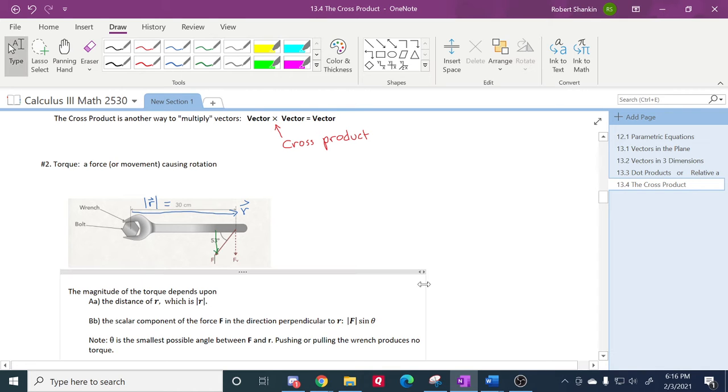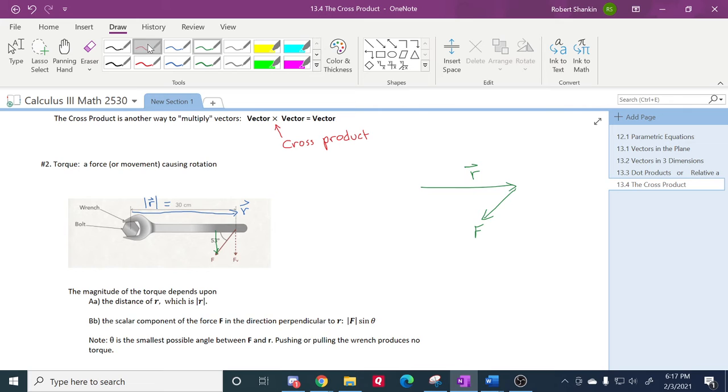And note, theta is the smallest possible angle between F and R. If you take an R and you take an F, you could make this angle from here to here. You could also make this big angle from here to here. You have two choices. You always take the smallest possible angle.